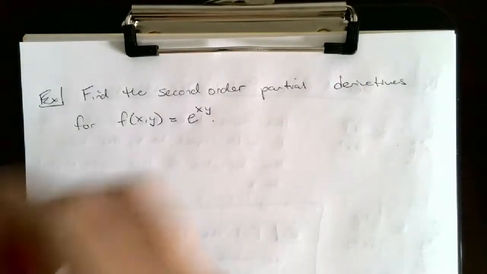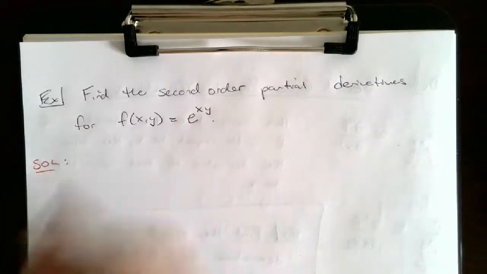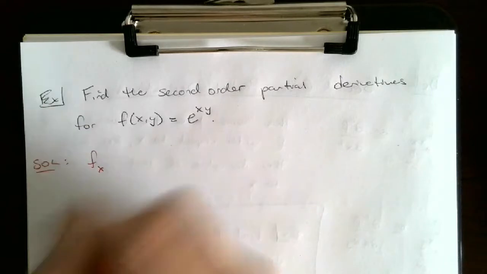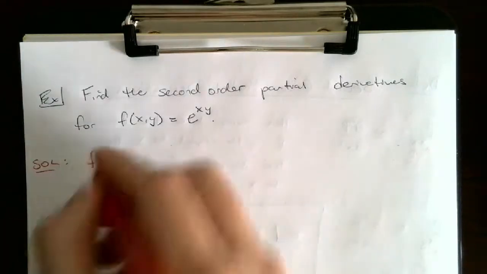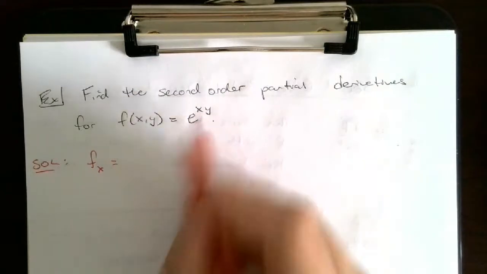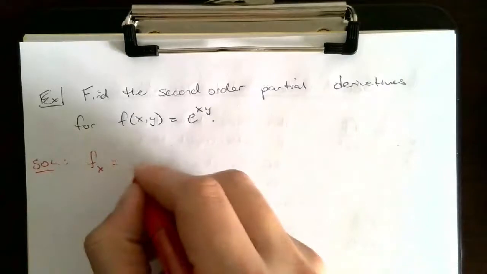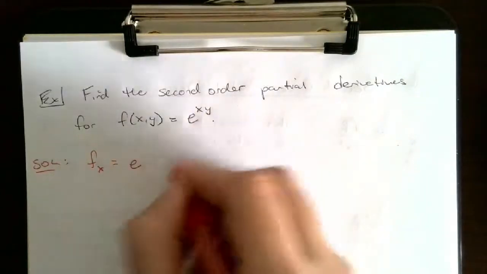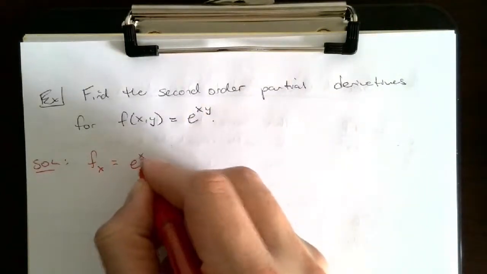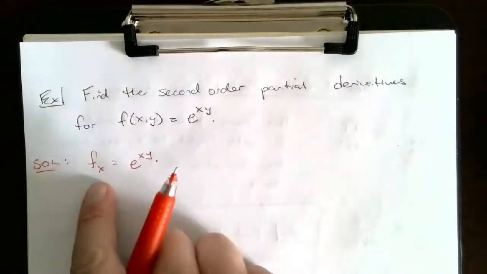So again, first thing I need for my solution, well, I need the first order partial derivatives. So I need the first order partial derivative of f with respect to x. The derivative of e to the xy, it's a function because it has an x in there. When you have derivatives of e, remember you write exactly what you see. So derivative for a function of e would be e to the xy times the derivative of the exponent with respect to x in this case.